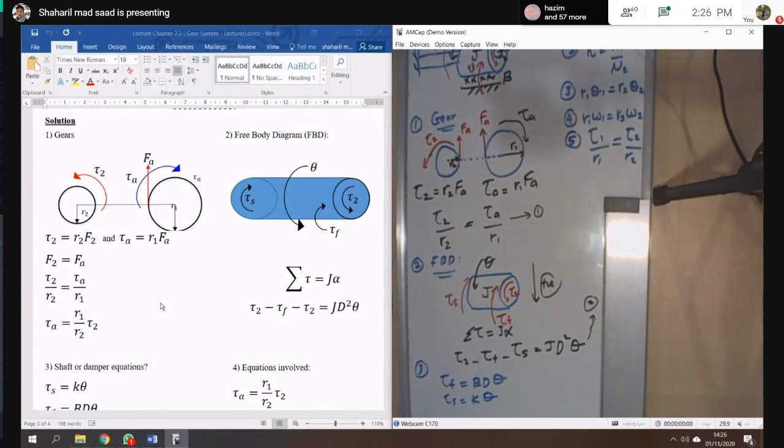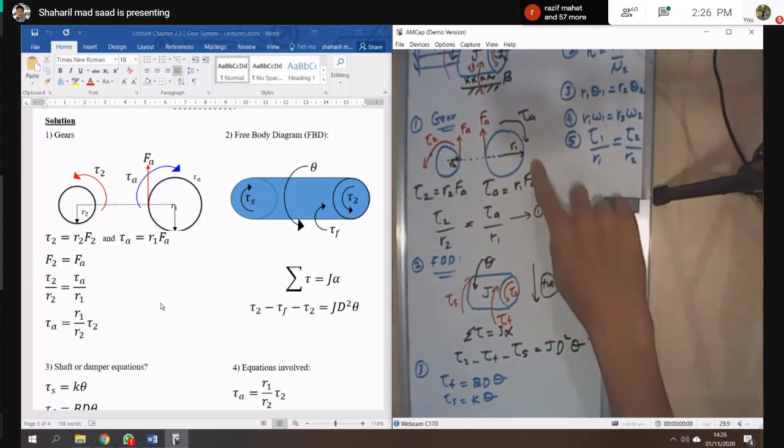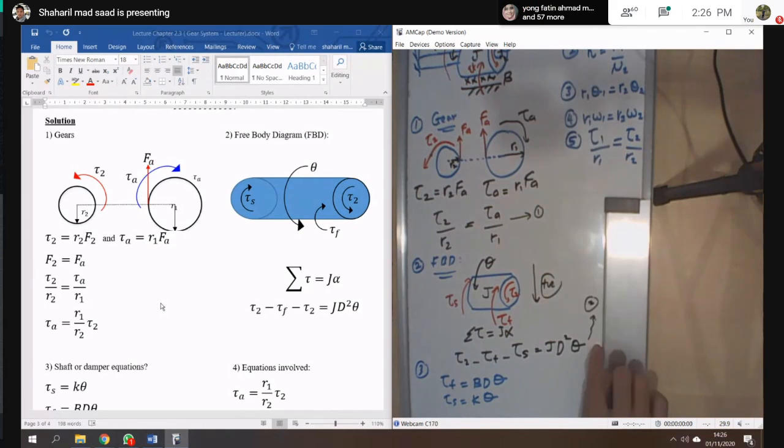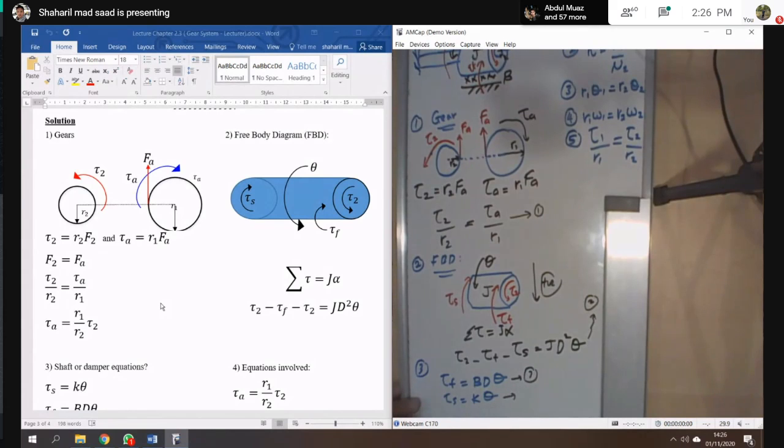So TF and TS are the friction and the shaft. Equation number one is from the gear, equation number two is from the inertia body, equation number three is from the friction, and equation number four is from the shaft. So you got 1, 2, 3, 4.